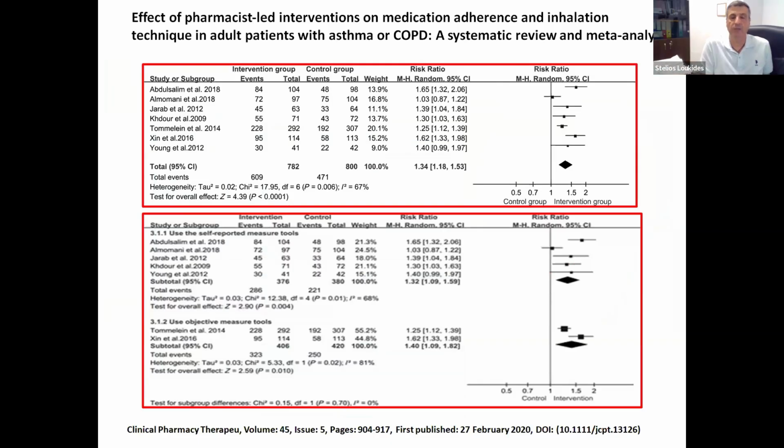This is another study which was published in a journal which is mainly focused on pharmacists. And you can clearly see the effect of pharmacist-led interventions on medication adherence and inhalation. Sometimes when you select the inhaler route, and you select the device, and you have to check the adherence, you have to ask for assistance or support from other health professionals like pharmacists.